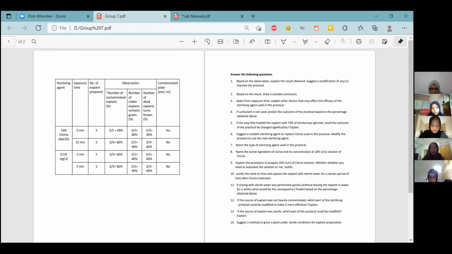So maybe we could manipulate the concentration. I referred to articles and journals on the internet. Maybe the ideal concentration to achieve this result is to reduce it to 0.1% mercury chloride. And maybe by reducing the concentration, the expected result could be achieved. So that is for question number 1.